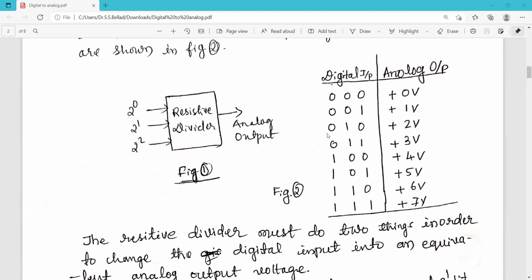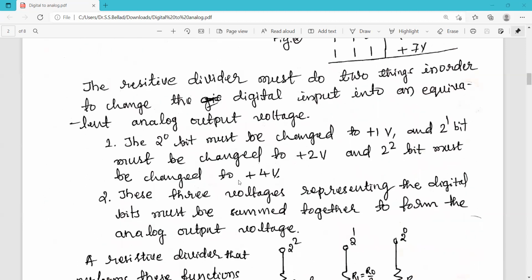Just like earlier, if you set the 111 digital signal to 7 volt and the 000 digital signal to 0 volt, you can divide this 7 volt into 7 levels, and you will get different analog signals for the different digital inputs. These are the different digital inputs and the corresponding analog voltages produced by this resistive divider network.